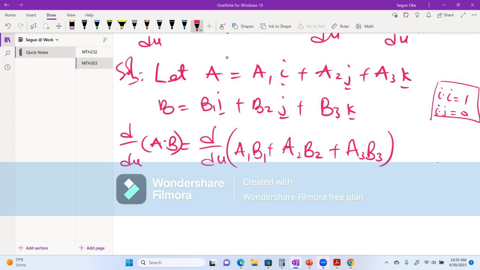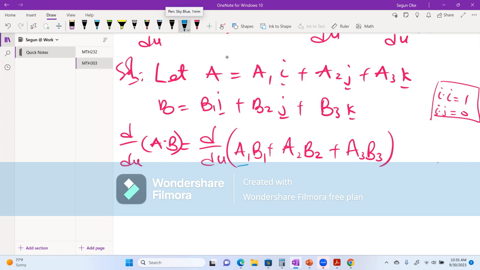Now, we need to differentiate them. Remember, you differentiate one, you hold one constant. In this case, I'll differentiate B1 now, I'll hold A constant.